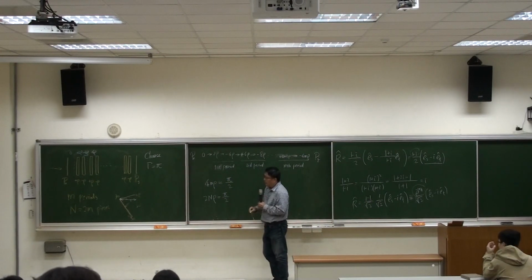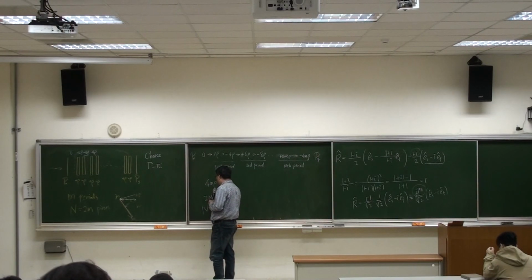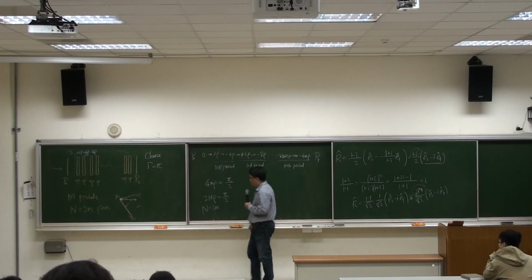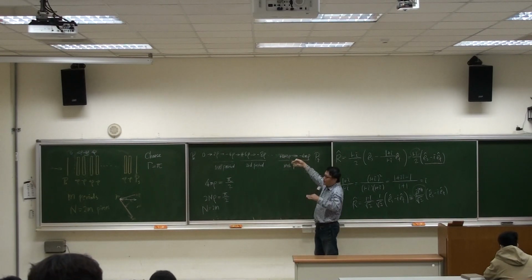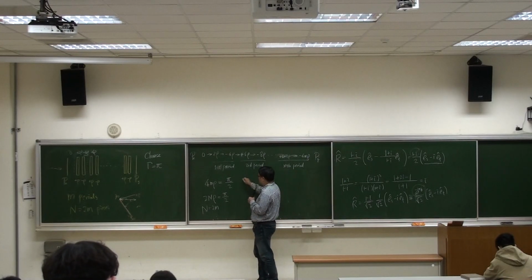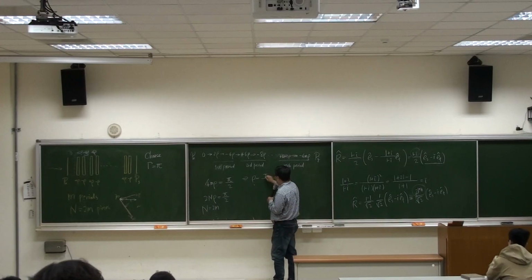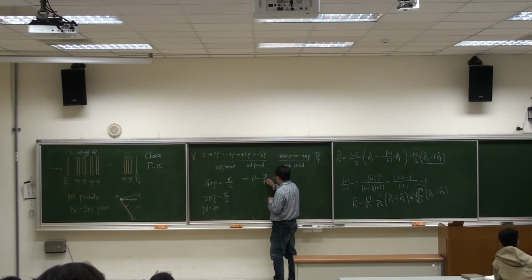Okay, because n is equal to 2m. N is the total number of the wave plates. Then this means that rho is equal to pi over 4n.